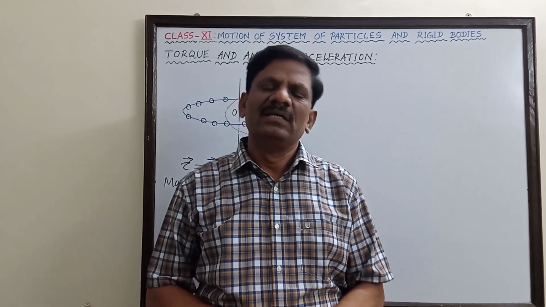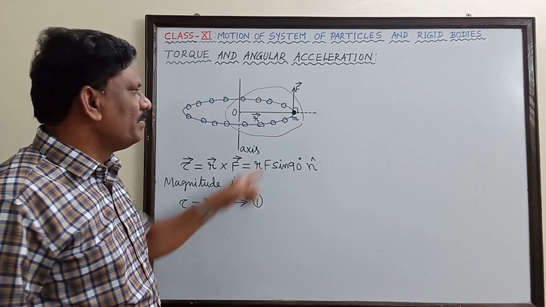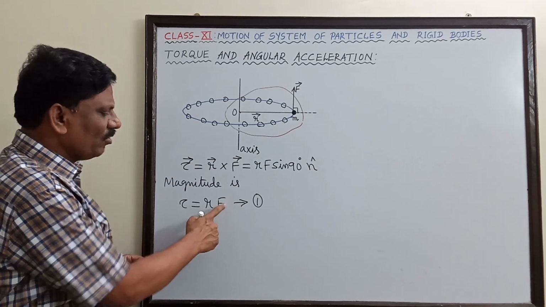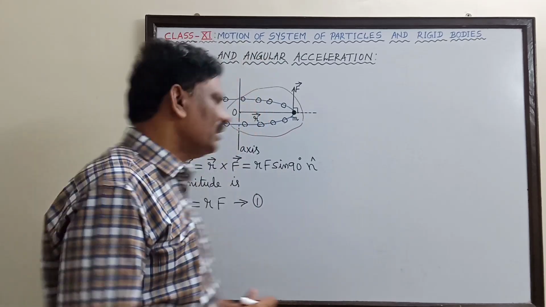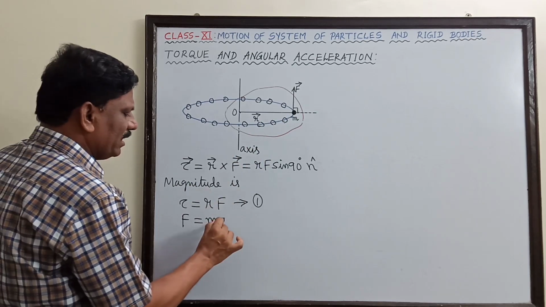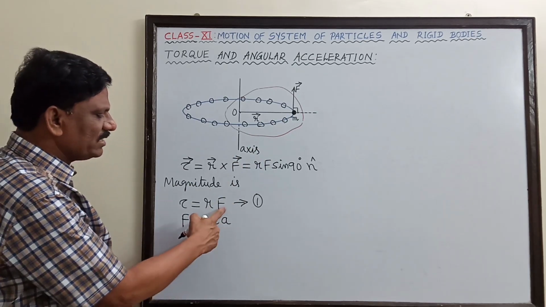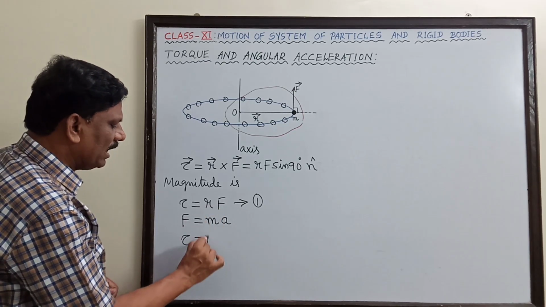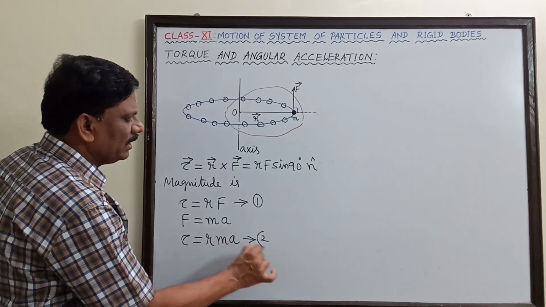The force acting on the particle is equal to m into a as per Newton's second law, so F is equal to the mass of the point particle into its linear acceleration. If I substitute F equal to ma in this equation, tau is now equal to r into m into a. This is step number 2.